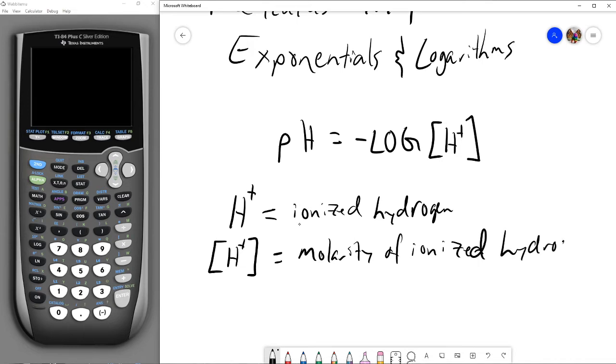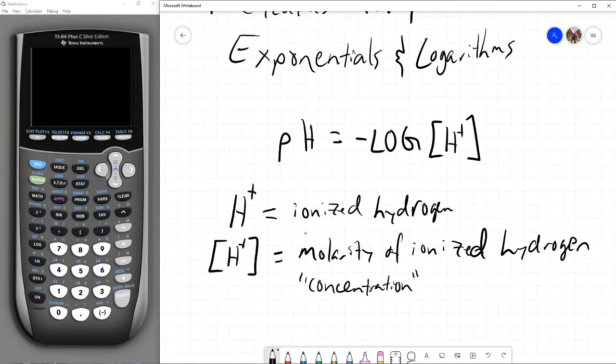Alright, so molarity, if we want to put it in layman terms, we could think of it as concentration. Okay, so think of this as the concentration of ionized hydrogen in a solution. So if you know what the concentration is, what the pH will be is you take the negative of the log of your concentration, and I'll tell you the pH.